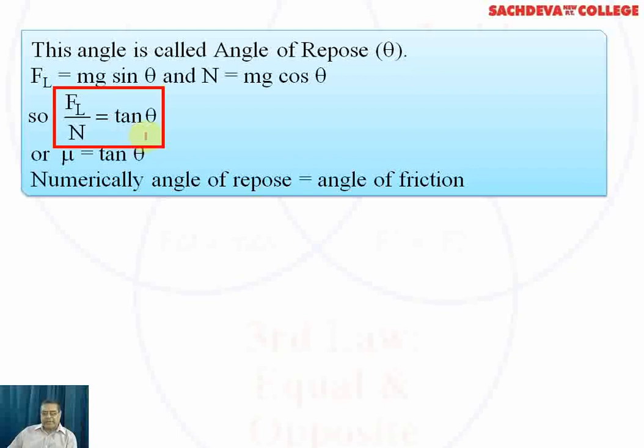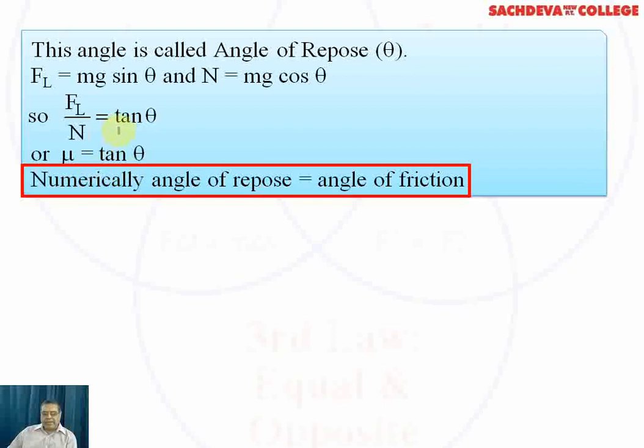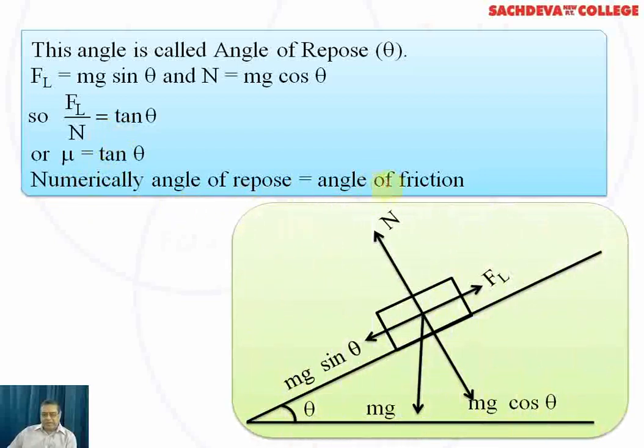So tan theta is equal to FL over N, and mu is equal to tan theta. So we will say mu is equal to FL over N. Numerically, the angle of repose is equal to the angle of friction. I have already explained the diagram, and this whole statement is in accordance with the diagram.